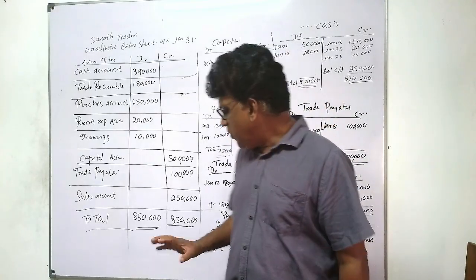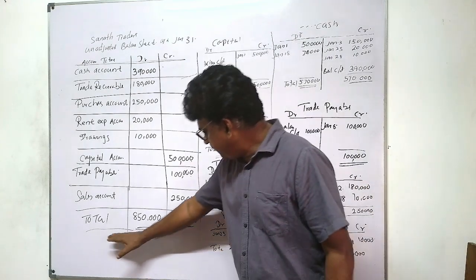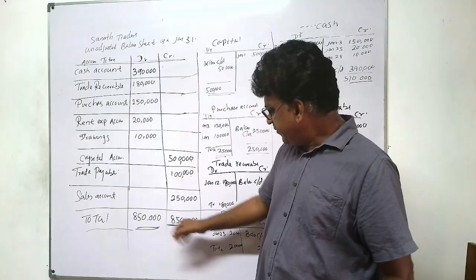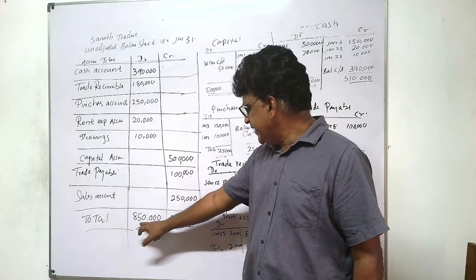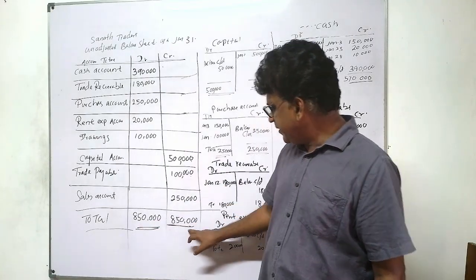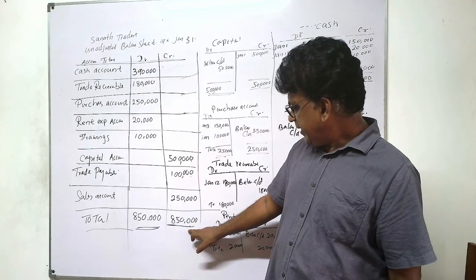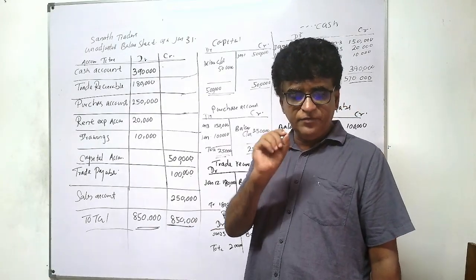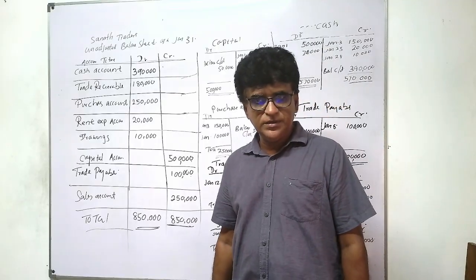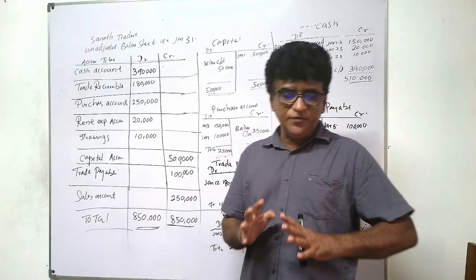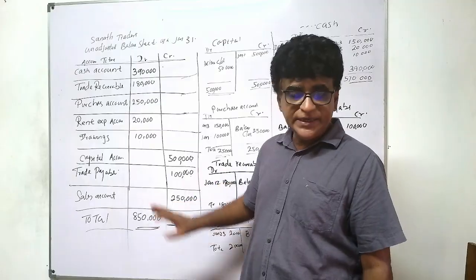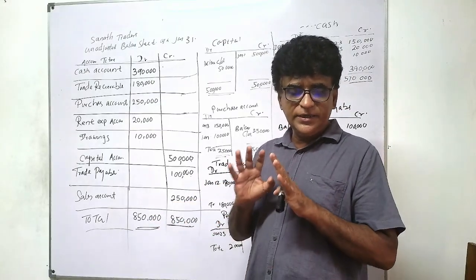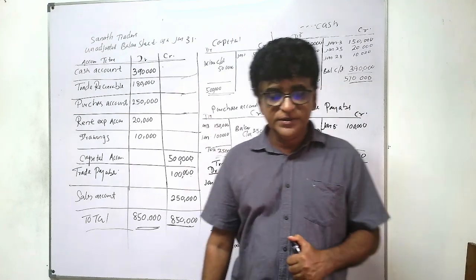If this credit balance and debit balance do not tally, if there is a difference, as an example, this is 850,000 and this column is 800,000, there is a variance of 50,000 rupees. In that case, we can add a suspense account to tally the trial balance temporarily.